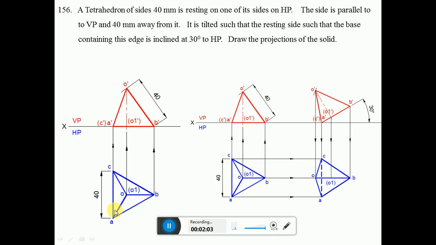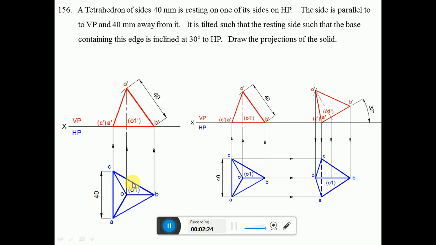And then to identify the center, how to identify the center? Join the corner to the opposite edge. If I consider A as the corner, the opposite side of this corner is BC. So join the opposite corner to the midpoint of the opposite side.